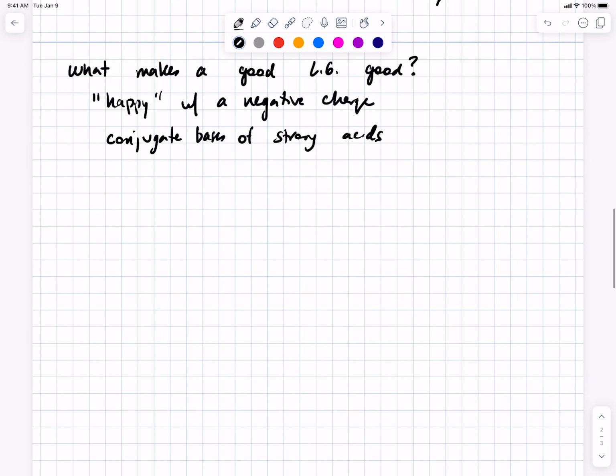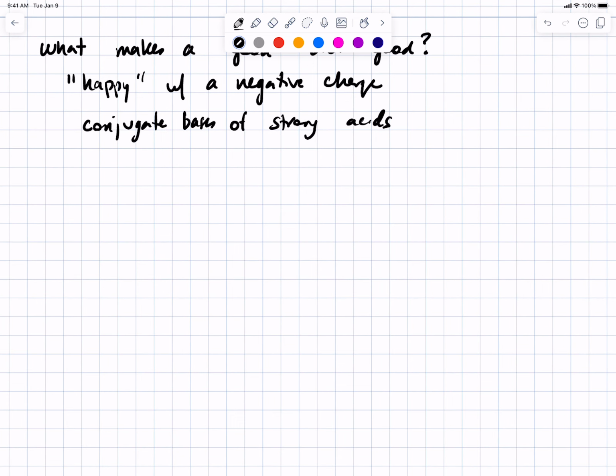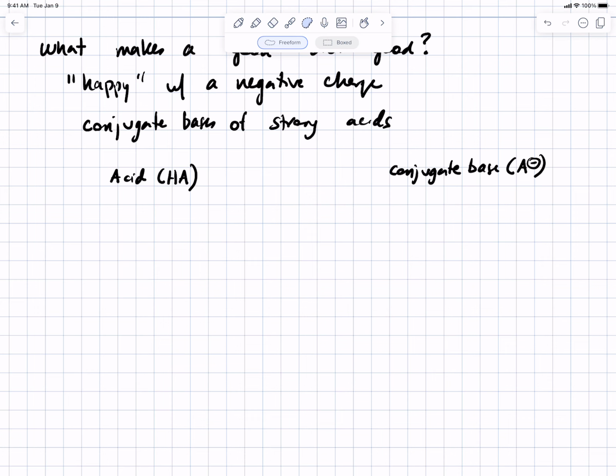And what I'm going to show you is basically a table that's present in your text along with some additions from me. Over here in this column, we're going to have the acid, which I'm going to call HA. Here we're going to have the conjugate base. Hopefully that term is familiar to you. If it isn't, you want to read chapter 2 carefully as indicated in the study guide to make sure you understand what that term is.